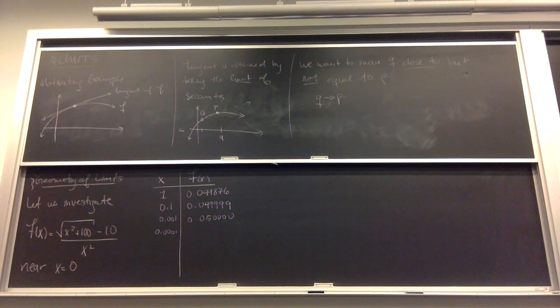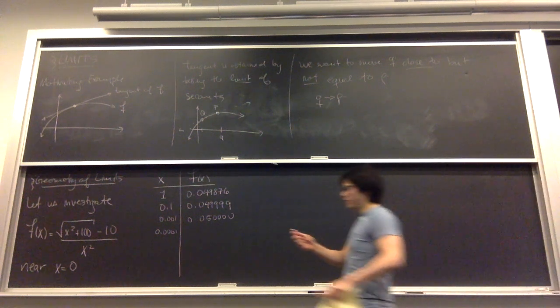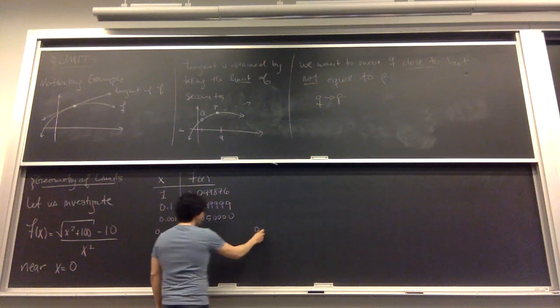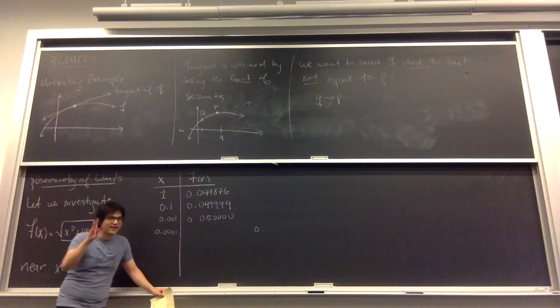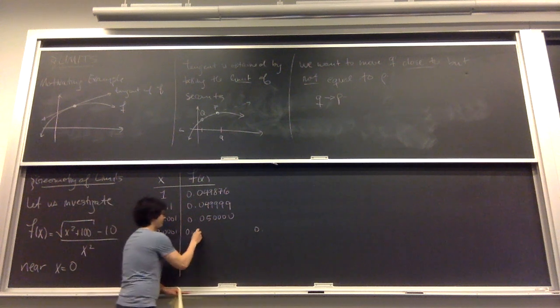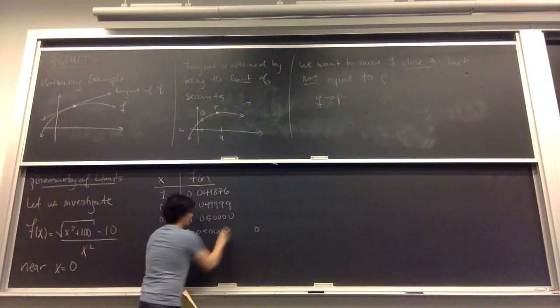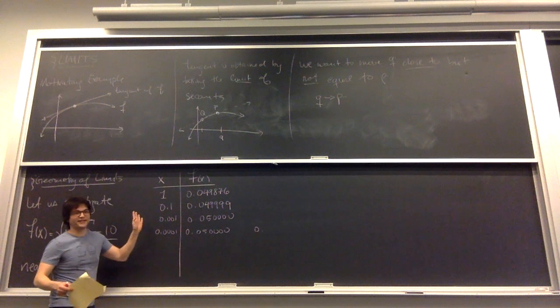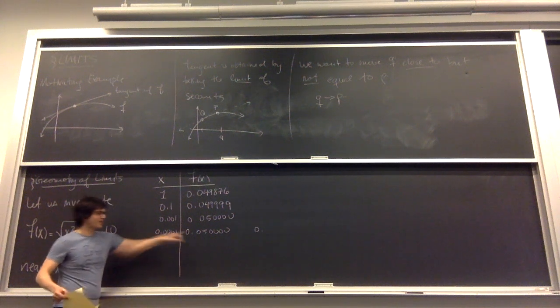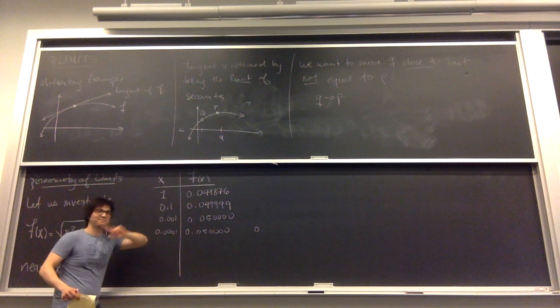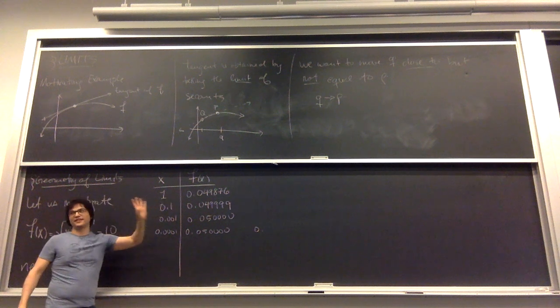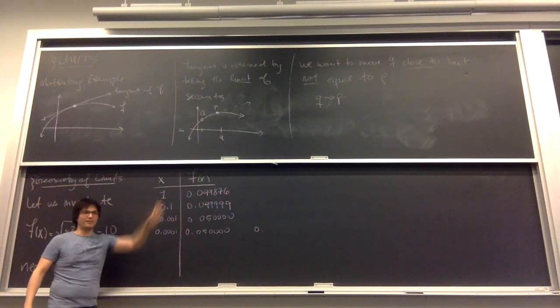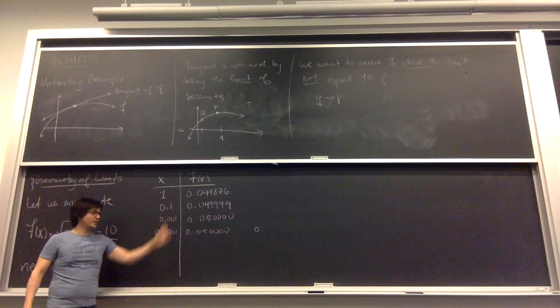Yes? 0 is what your calculator will give you. But if I gave you a better calculator, it would report this. If you put it into Google's calculator, for example, you would get this number. Your calculator only works to about 10 digits. This problem is already outside the numerical realm of your calculator. So this was a lie.